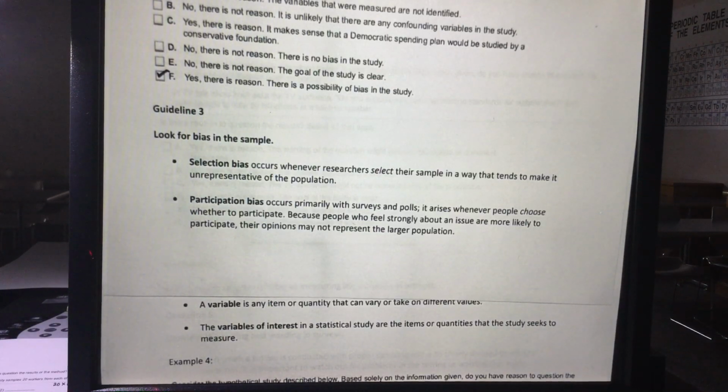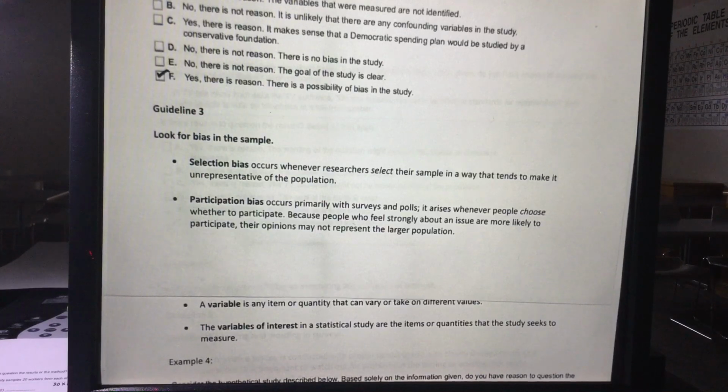And then participation bias occurs primarily with surveys and polls. It arises when people choose whether to participate, because people who feel strongly about an issue are more likely to participate. Their opinions may not represent the larger population. Okay?